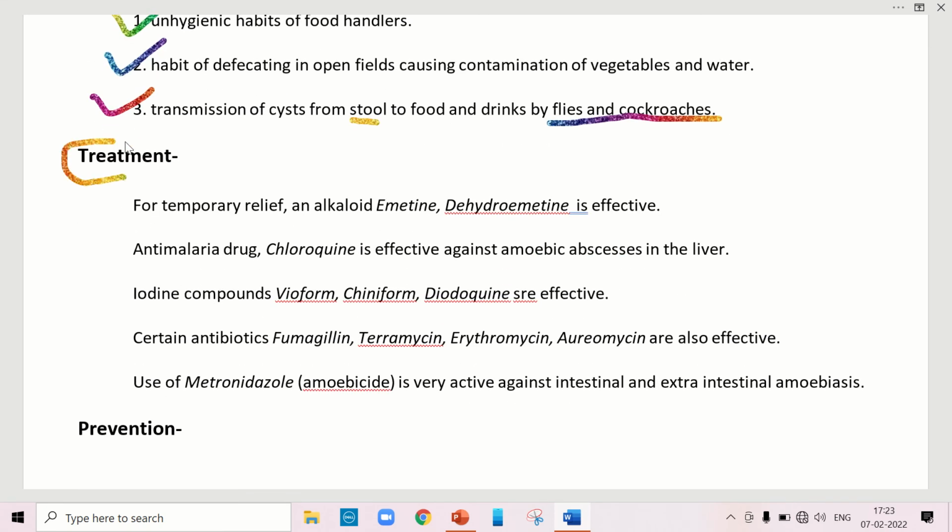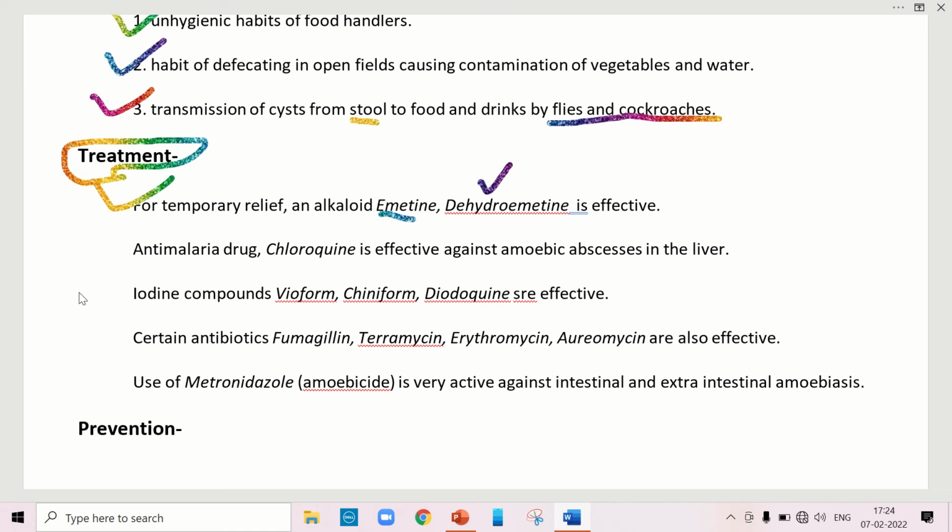Then about the treatment. There are some drugs used for control over Amoebic dysentery as therapy or treatment. For temporary relief, an alkaloid emetine is effective, and a synthetic derivative of emetine, dihydroemetine, is also equally effective.